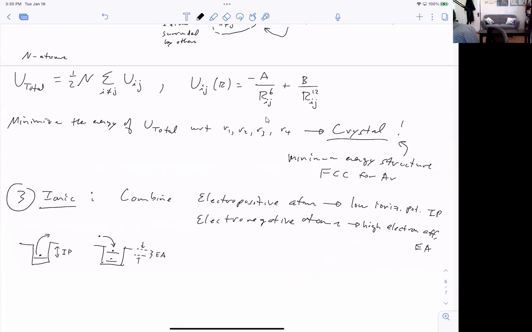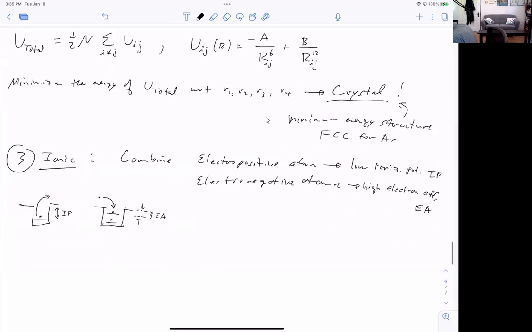And so the most famous example of a crystal that forms due to ionic bonding is, of course, salt. Table salt, sodium chloride.